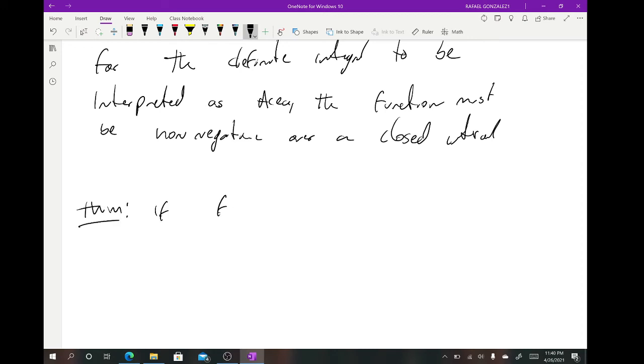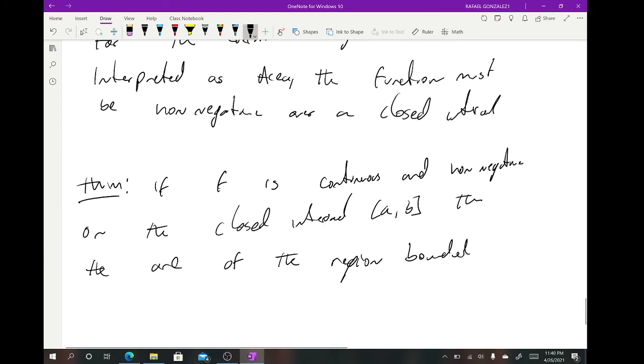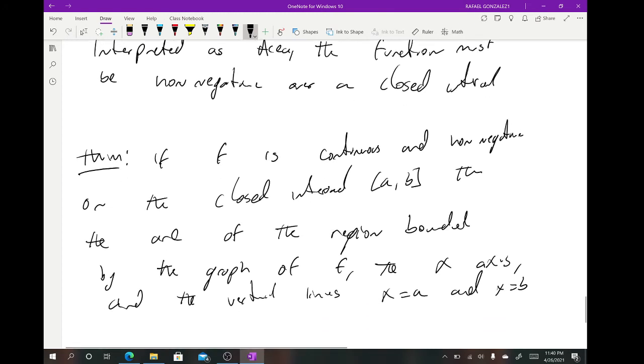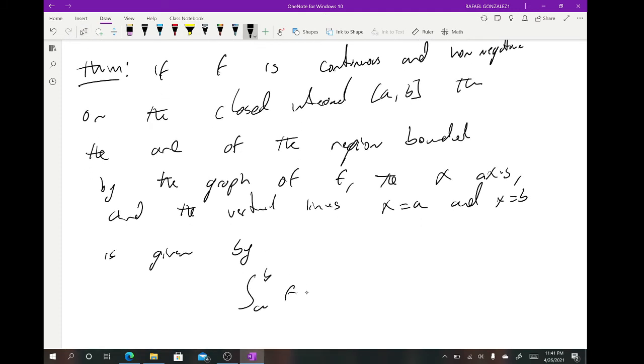So again, if f is continuous and non-negative on the closed interval [a, b], then the area of the region bounded by the graph of f, the x-axis, and the vertical lines at the endpoints x equals a and x equals b is given by the definite integral from a to b of f of x dx.